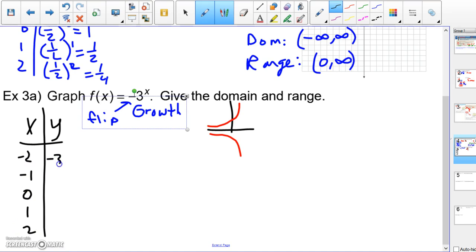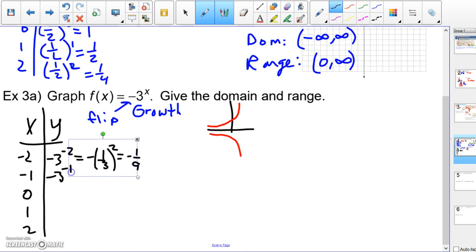And I have -3 to the -2nd power. So that's negative, and then you're going to flip the 3 and square it. So that's -1/9. And -3 to the -1st. So negative, flip the 3 into the -1st.